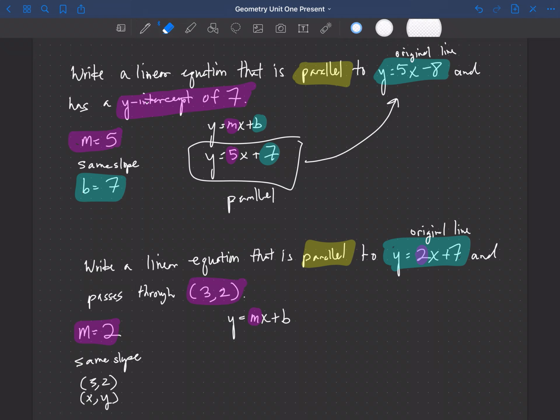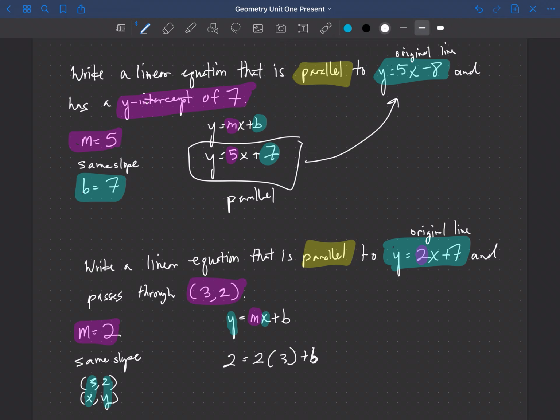And can you see x and y in the equation? So the x and y's are right here. Okay, so I'm going to plug 2 in for y and 3 in for x. So I have 2 equals 2 times 3 plus b.